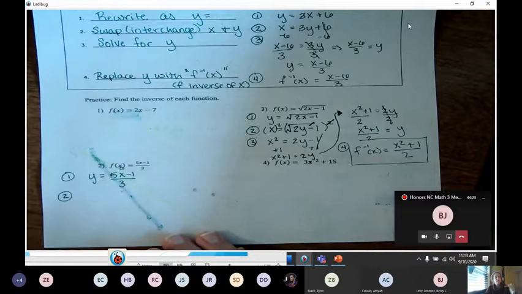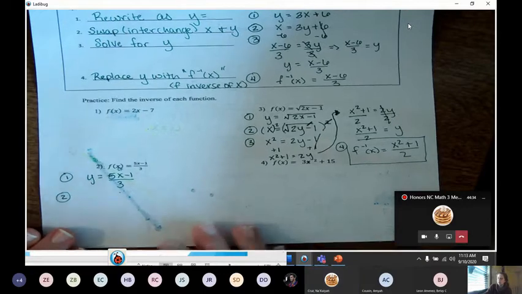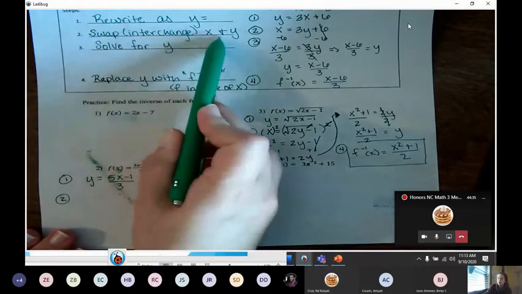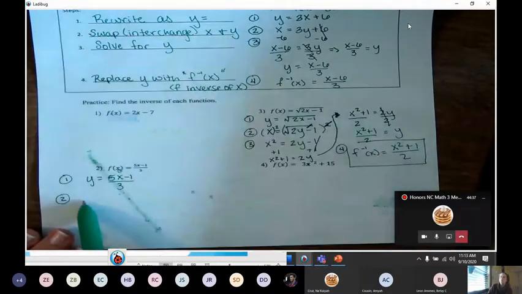Step 2, Nikaya, are you there? Yes, ma'am. All right, so step 2 says swap or interchange x and y. So what am I going to write for step 2?